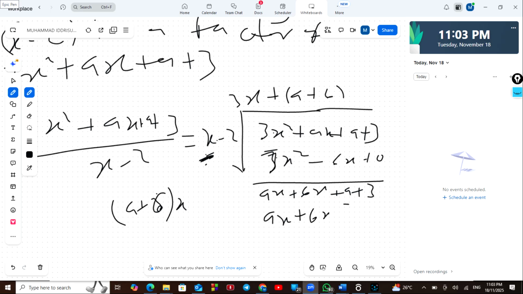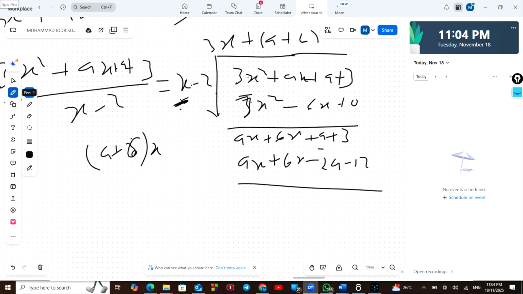A plus 6 times negative 2 will give us negative 2 times a, so minus 2a, and negative 2 times 6 will give us minus 12. And this will give you 0.